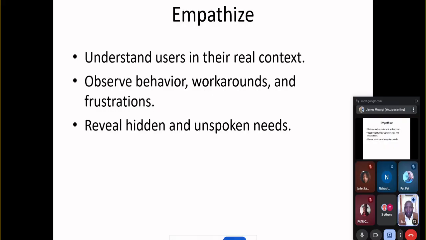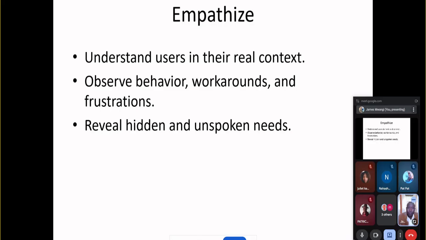So what is to empathize? You understand the users in their real context. You observe behavior, workarounds, and frustrations.